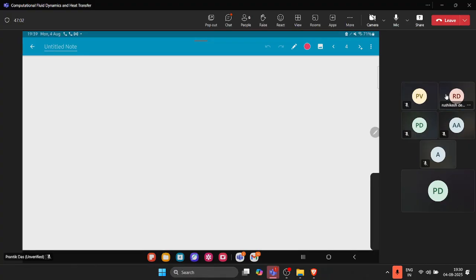So now the A vector, similar to the Cartesian coordinate system, for this point P, this is X, this is Y, and this is Z. So this A vector can be written as A1 E1 cap plus A2 E2 cap plus A3 E3 cap.